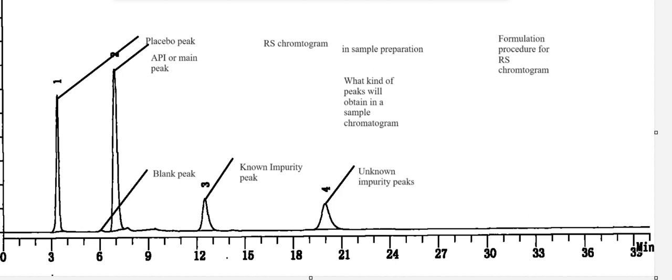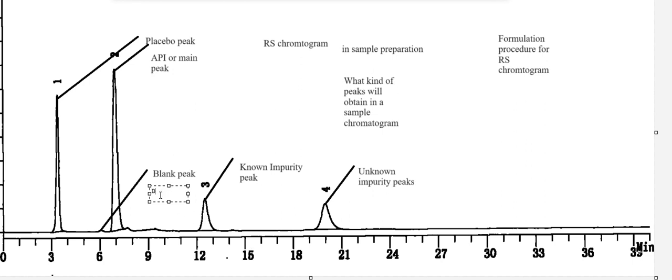Okay. So now we know 5 kinds of peaks will generate in an RS chromatogram. Now we'll see why the peaks will generate.